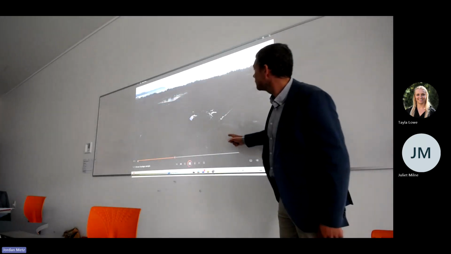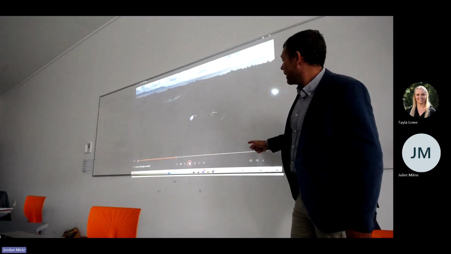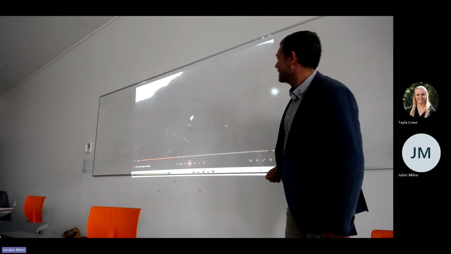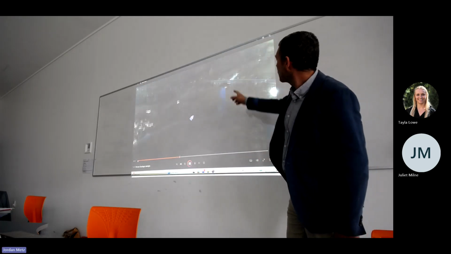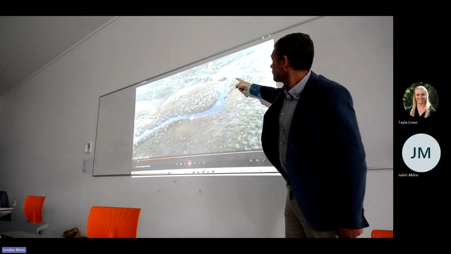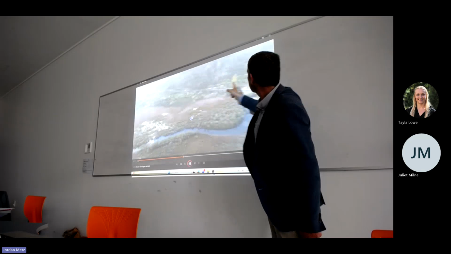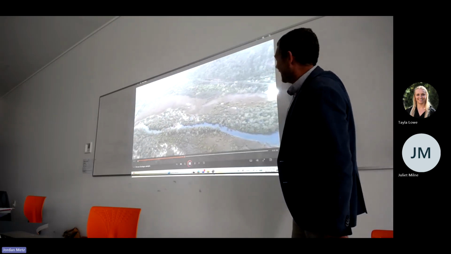Around in this area. Here is the bridge. So it backs up well above the bridge, and the tide pushes up through underneath the bridge.